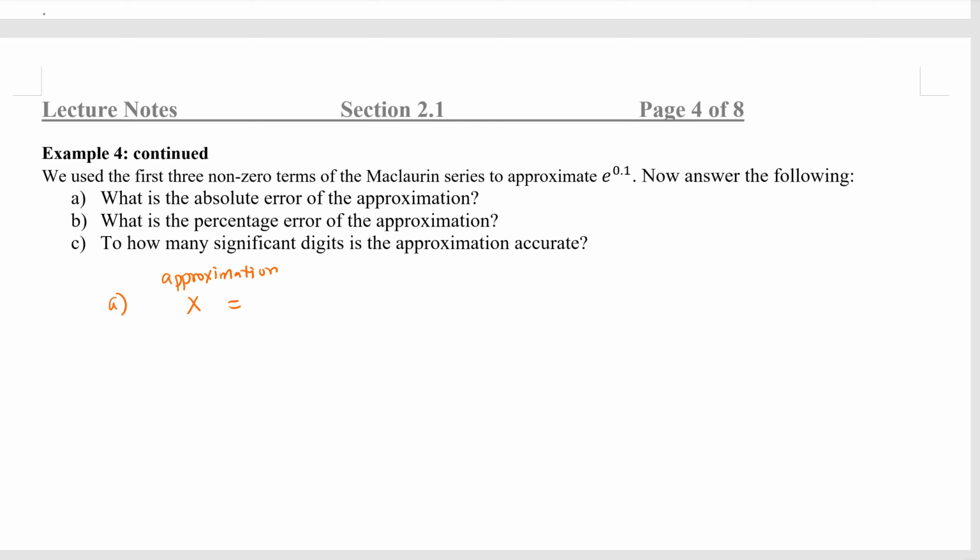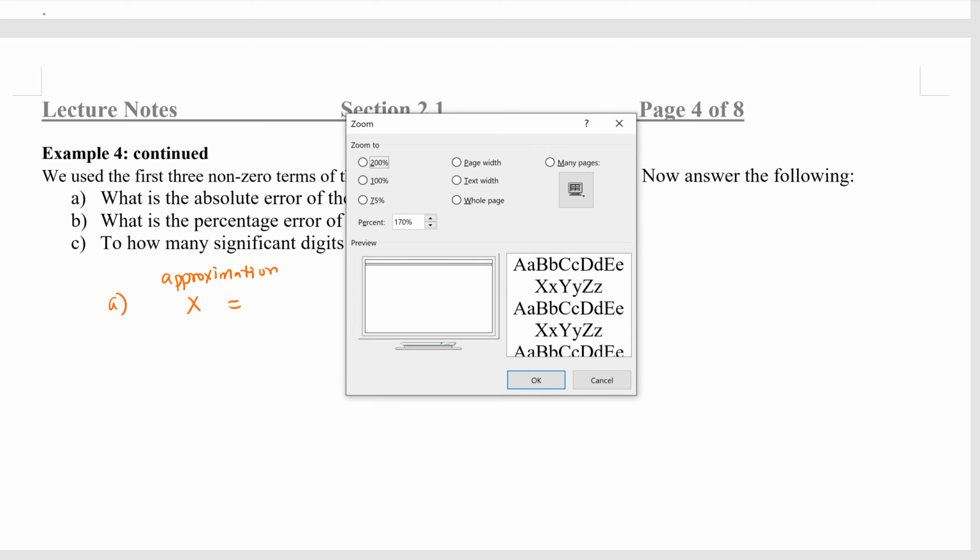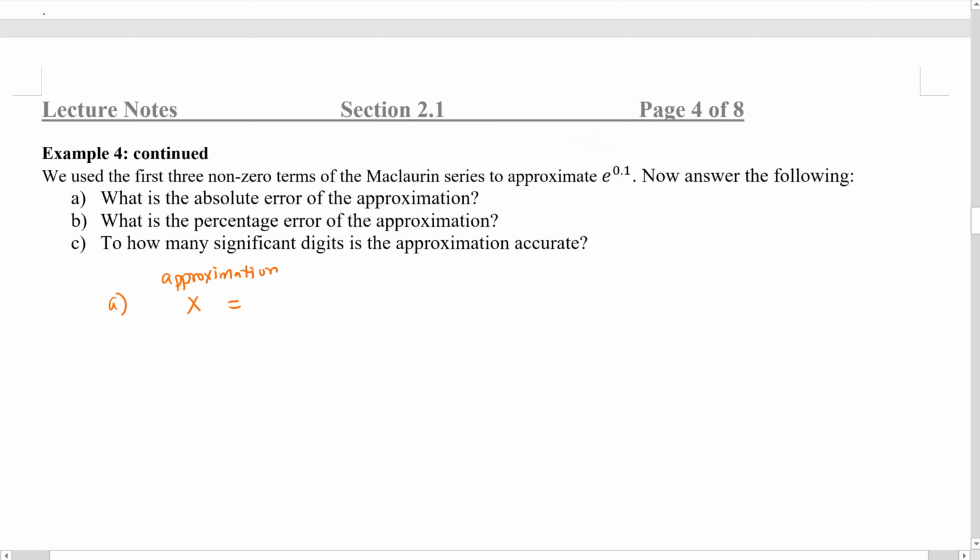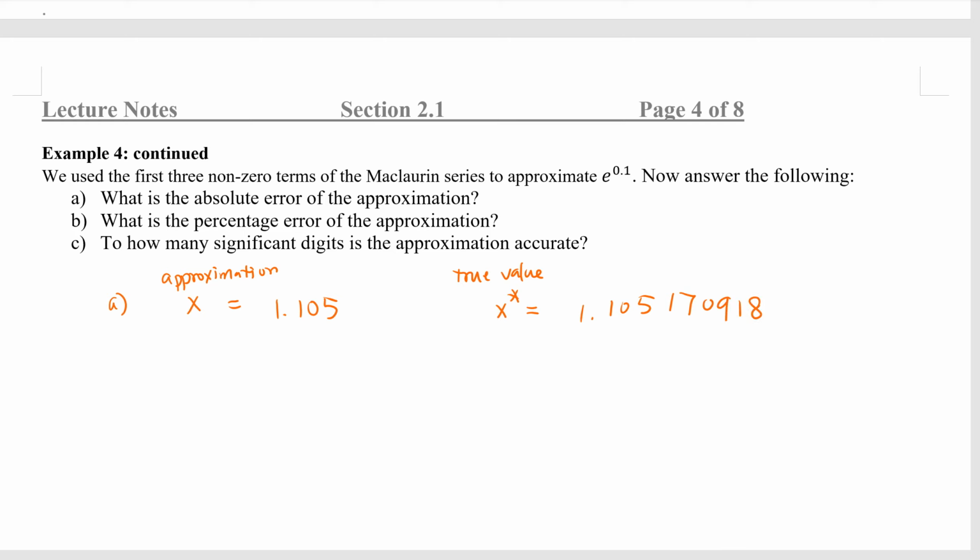Okay, so the approximation is 1.105, right? What is the true value? The true value is 1.105170918. You just copy it down.